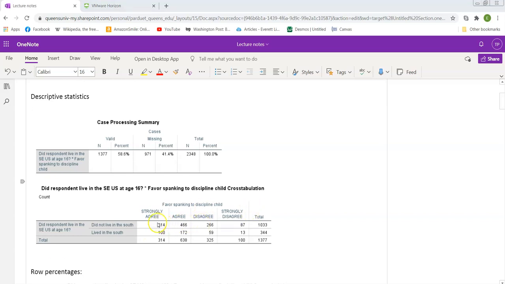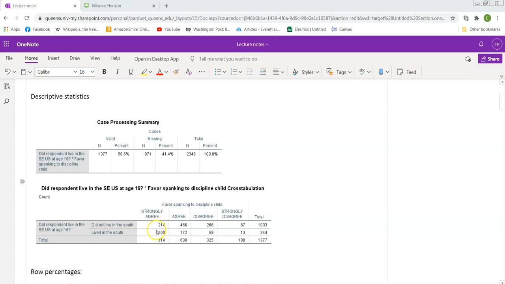A couple of examples on this table, just to make sure you understand. All of these are frequencies. So the 214 here means that there were 214 people in our data set that did not live in the South when they were 16 and strongly agreed that they favor spanking to discipline a child.